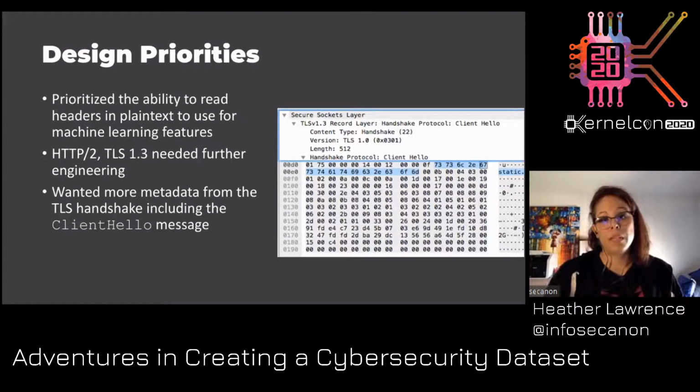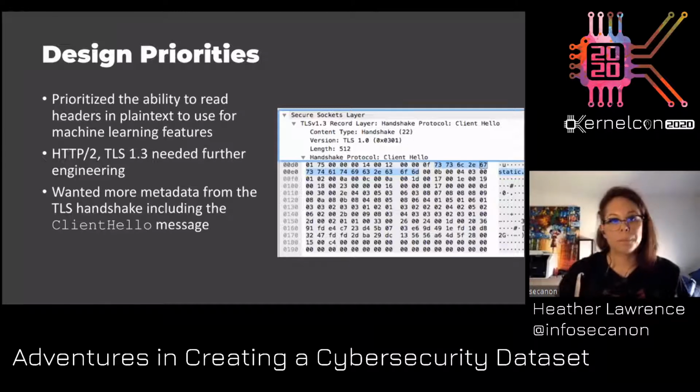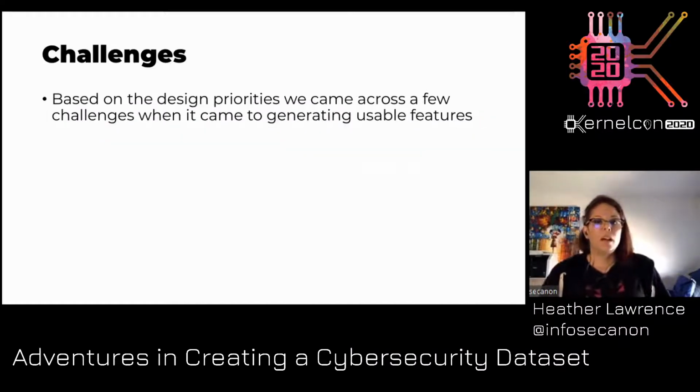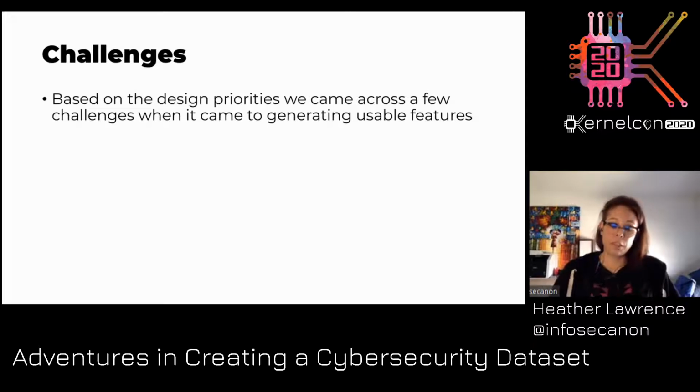We wanted more metadata from the TLS handshake, particularly from the client hello message, because there is a transaction that shows which cipher suites are acceptable, and you can fingerprint hosts based on which cipher suites they do and do not accept. So these priorities were what we wanted: plain text features for machine learning.